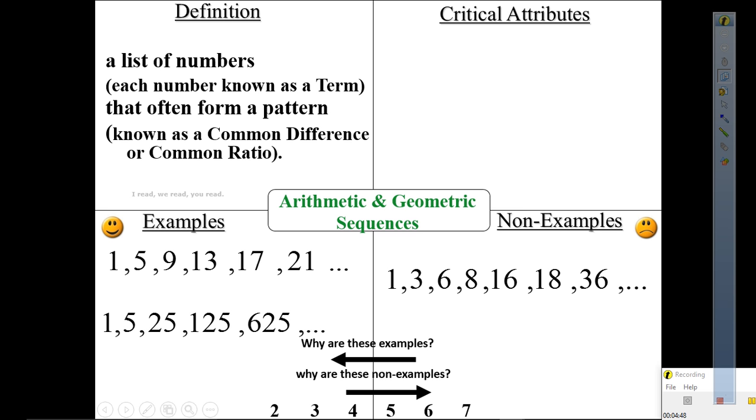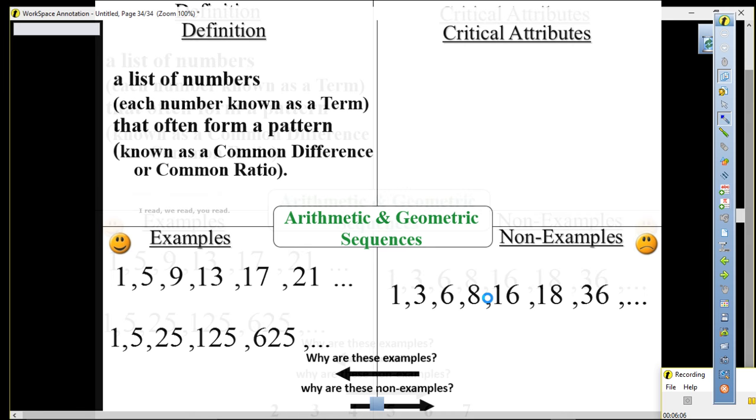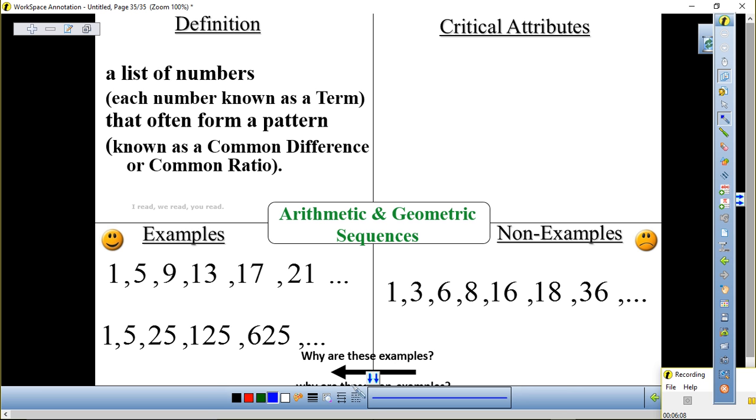All right, let's see. Pattern. Tony, what's the pattern? Plus 2 times 2.